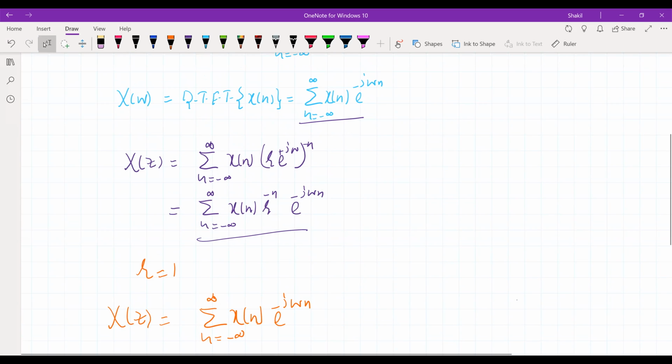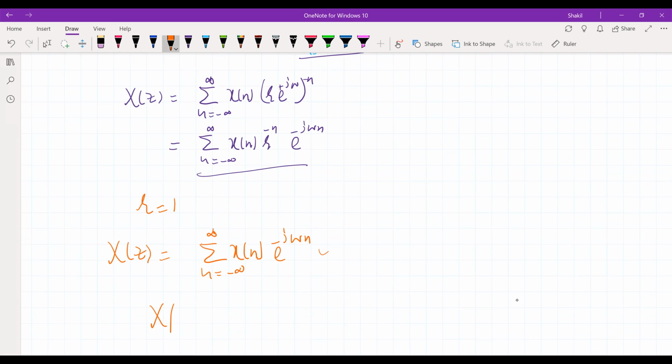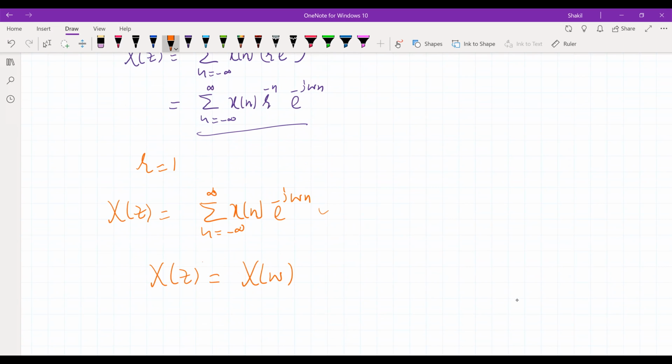Have a look at this expression and this expression. So the Z transform is equal to the discrete time Fourier transform when r is equal to 1. This is a very, very important relationship.